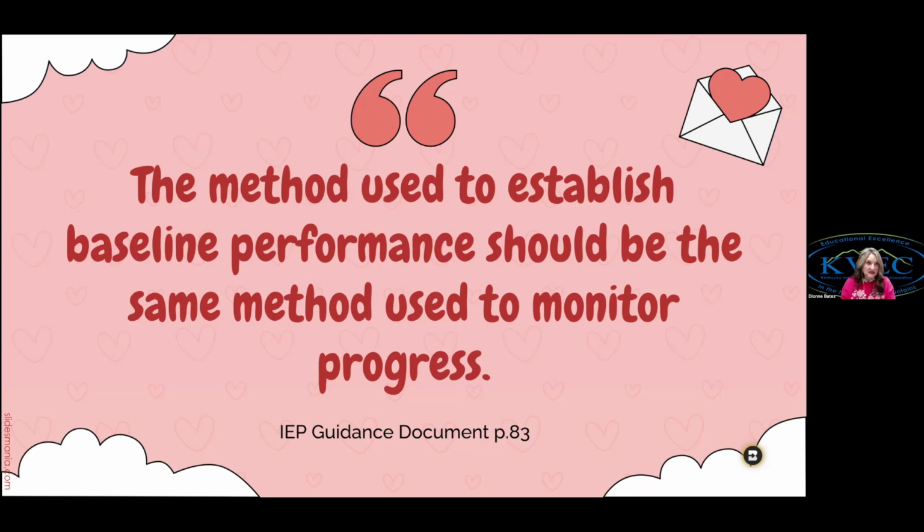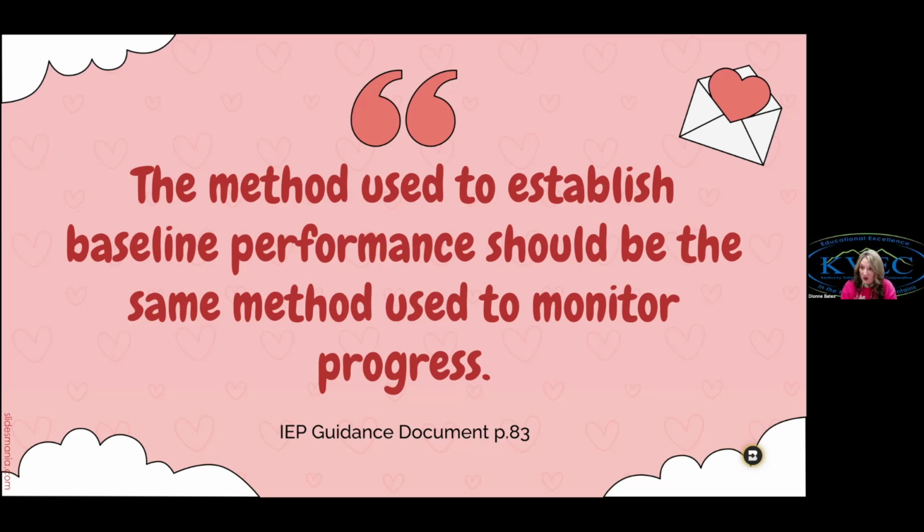Sometimes it gets confusing, and we might give them an oral reading fluency. We might do a fluency check, but we're using two different kinds of measures, right? We might be calculating correct words per minute with one, and doing oral reading fluency with the other. So there could be a little bit of a disconnect. We just want to make sure that if we say we're using a probe, we continue using that probe and measuring the same thing.